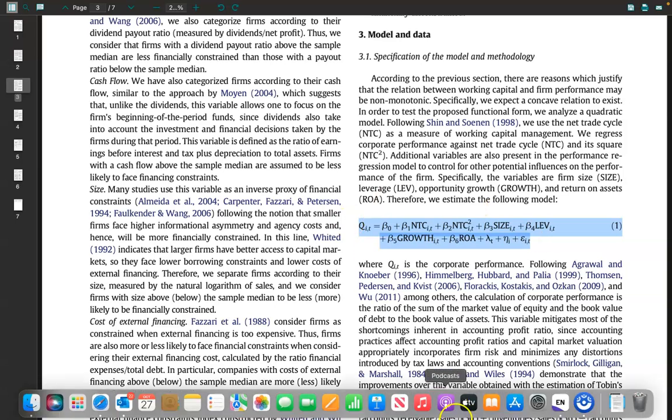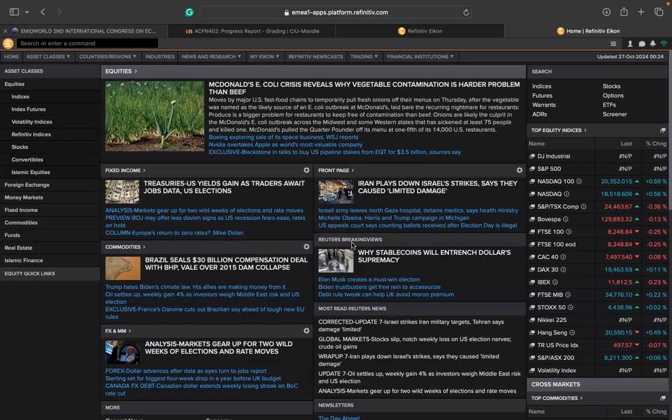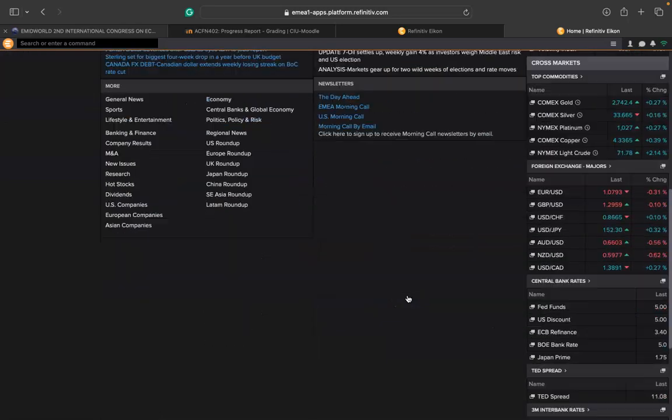So let me go to Eikon right now. Now, this is the Eikon's landing page. We have loads of information over here. Indices, index features, volatility indices. There are news, how the indices are doing currently, and so on and so forth.